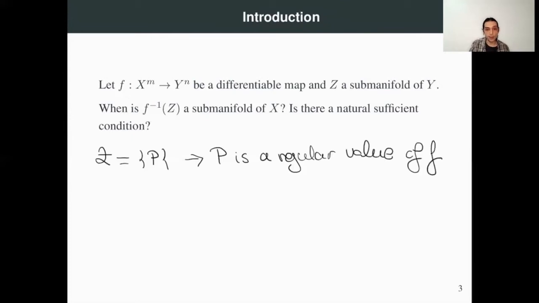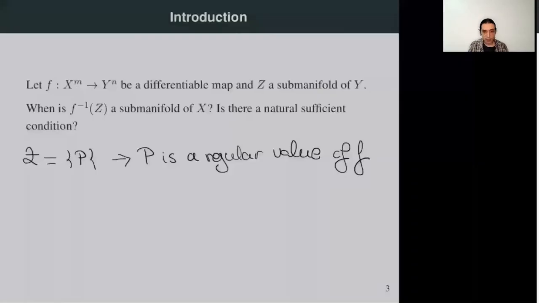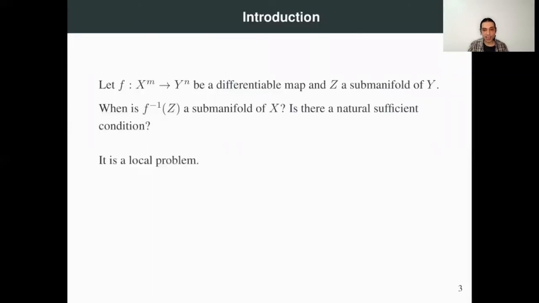Or if you prefer to unwrap that concept, what we want is that at every point of the preimage of P, F is indeed a submersion. And this is clearly a local problem.